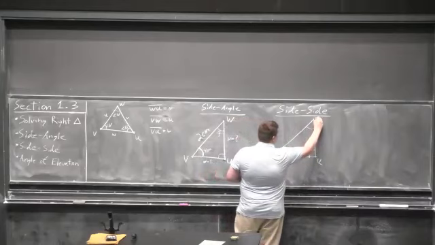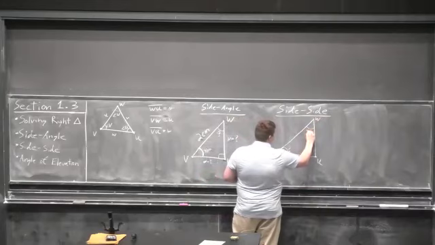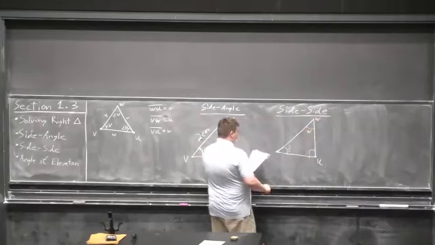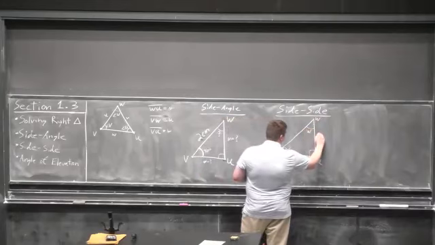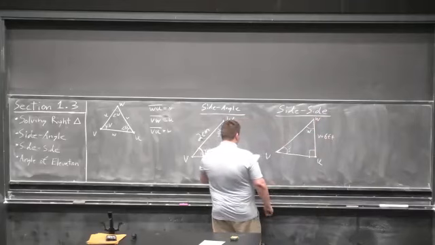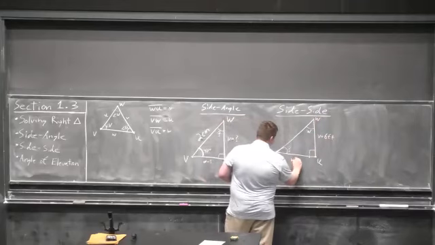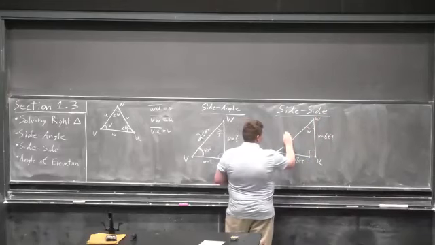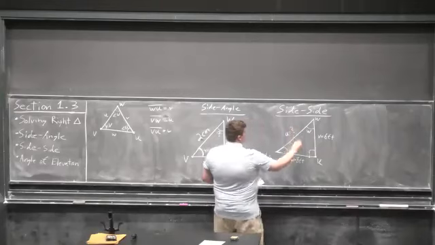We do not know what angle W is, but we do know what v is, which is 6 feet, and what w is, 8 feet. And this little u, we do not know what it is.